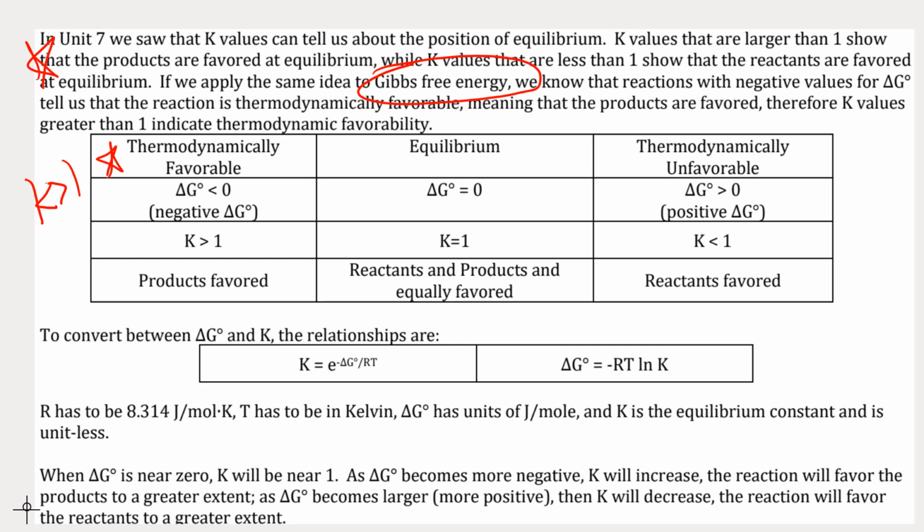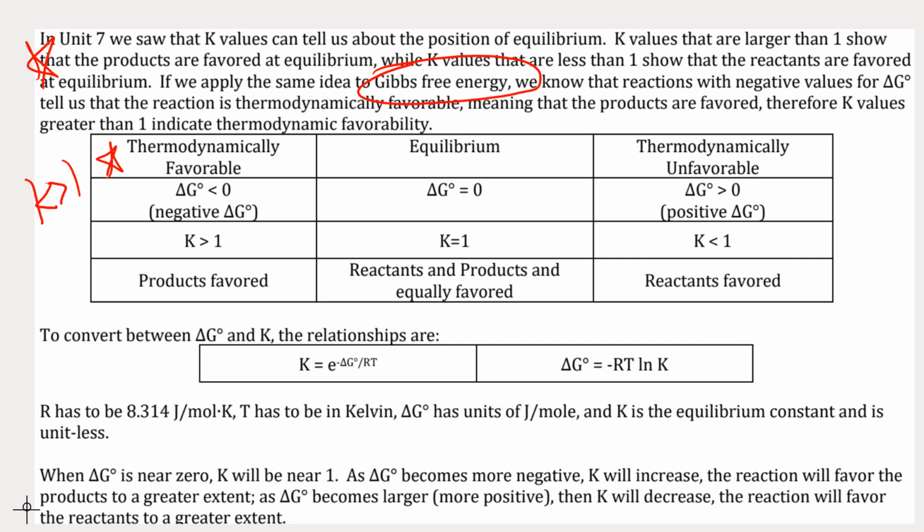So your K, your equilibrium constant, is equal to e to the negative Gibbs free energy divided by RT. Or Gibbs free energy equals negative RT natural log of K. So there are different types of R constants to use. It depends on your units.